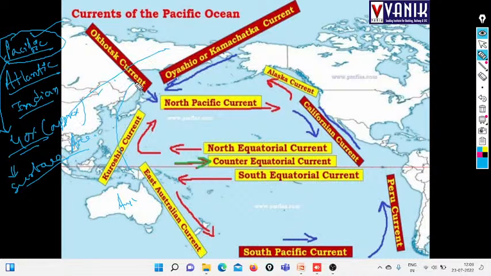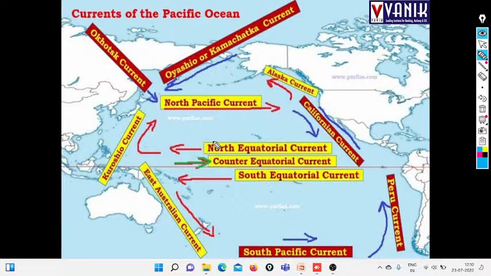The Pacific Ocean is bounded by Asia in the west, North America in the east, Australia in the southwest, and South America in the southeast. This is all the Pacific Ocean. This one is a big plate in total.